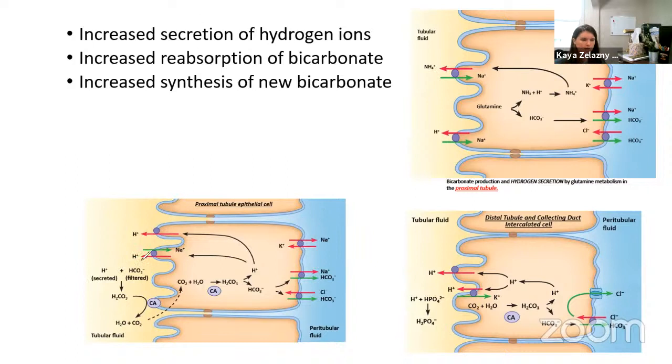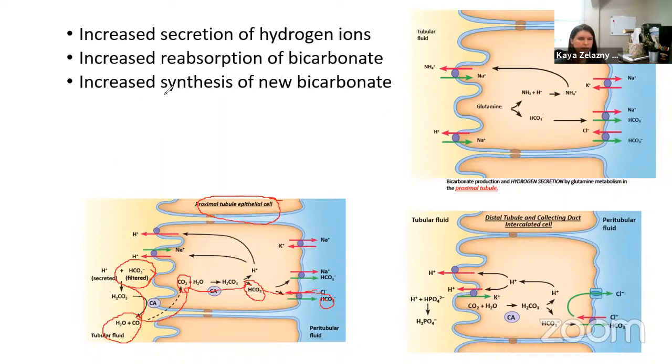While we were secreting hydrogen ions in this proximal tubule epithelial cell, we were reabsorbing bicarbonate. We had a relatively long process for this. We took the bicarbonate, turned it into water and carbon dioxide, absorbed the carbon dioxide, turned it back into bicarbonate and hydrogen ions, and then reabsorbed the bicarbonate. But the end result is just reabsorption of that bicarbonate.